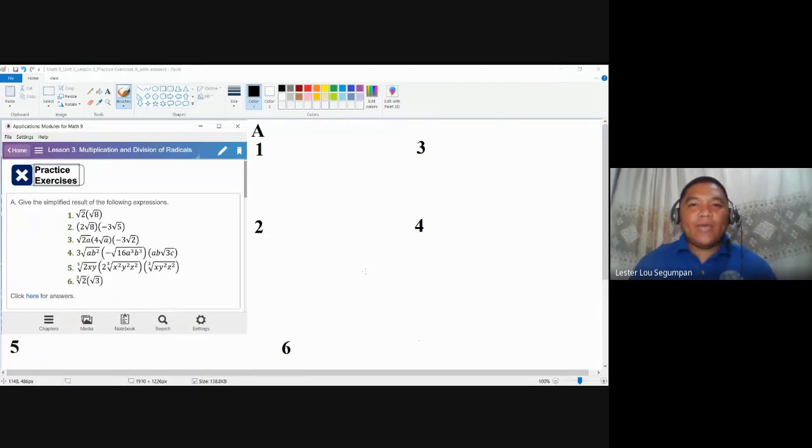Take note that when we add or subtract radical expressions before, there are two considerations. One, the radical expressions must have the same indices. And number two, the radical expressions must have the same radicand before they can be added or subtracted. For multiplication of radical expressions, we only need one.